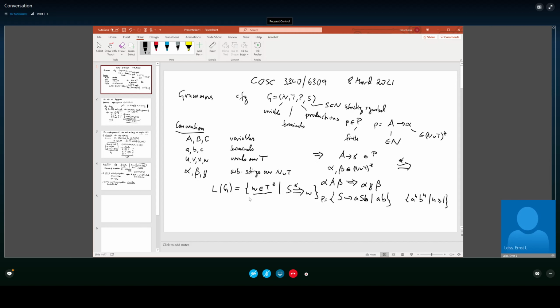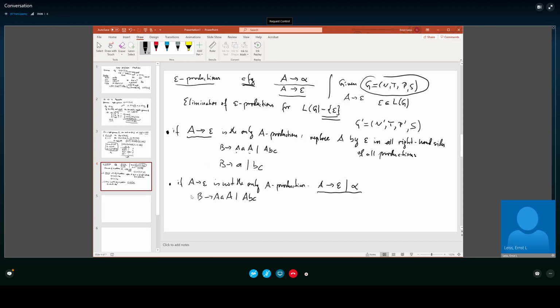And so that means that the A, capital A, has to be gotten rid of. So we can either replace it by epsilon, or we can replace it by whatever else A generates.